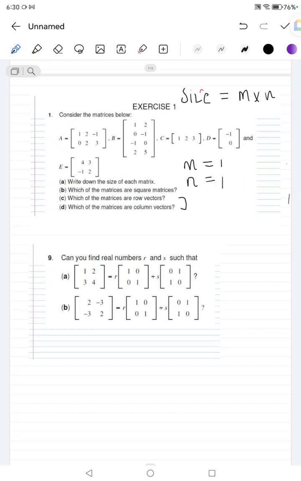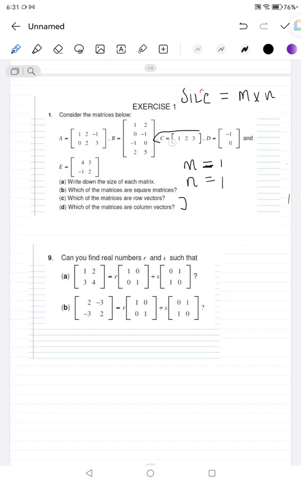So if I have my m equal to 1, it means in that instance I have a row vector, and if my n is only 1, it means that matrix is called a column vector. Hence in number C you can see that this one would be a row vector because your m is equal to 1.